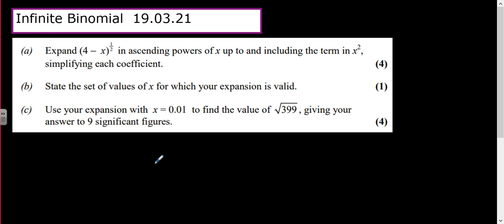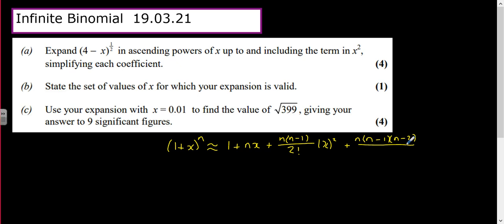If we have (1 + x) to the power of n, then we can approximate that using a binomial expansion: 1 + nx + n(n - 1) over 2 factorial times x squared, plus, and then it repeats, n(n - 1)(n - 2) divided by 3 factorial times x cubed, and so on to infinity.